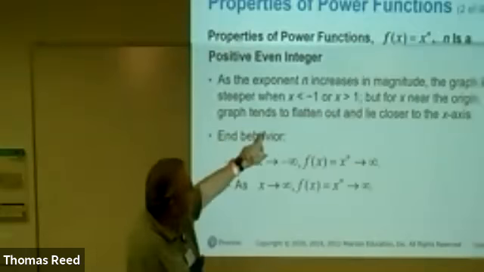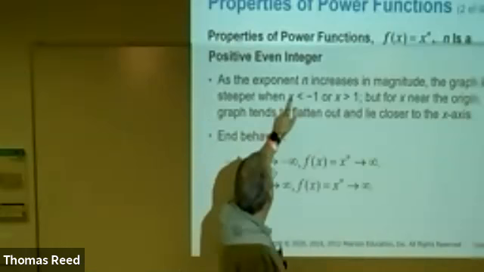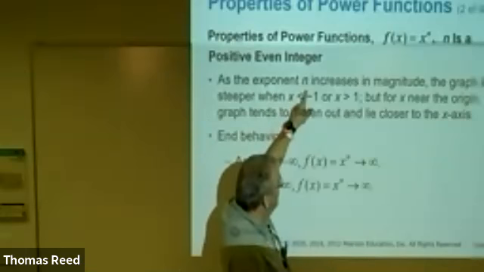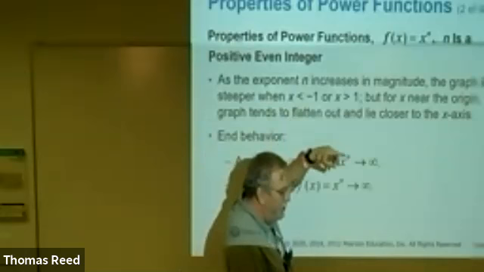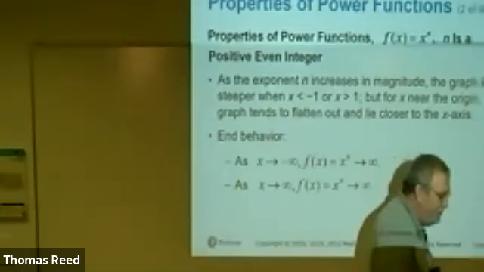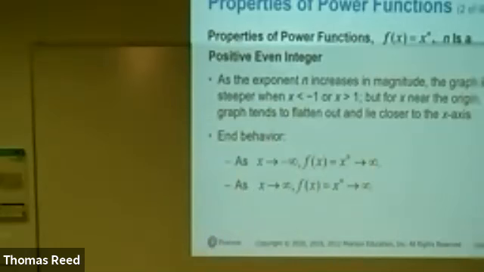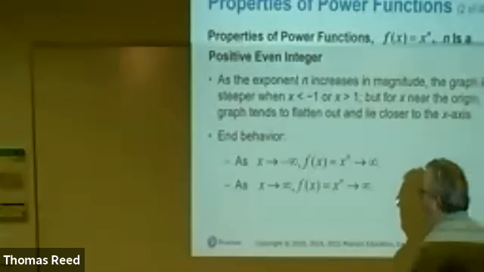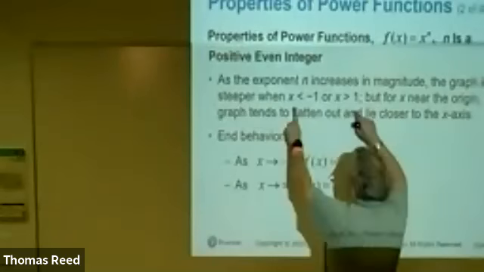And as the exponent n gets larger, you get a larger and larger even degree function: squared, to the 4th, to the 6th, to the 8th, to the 10th.